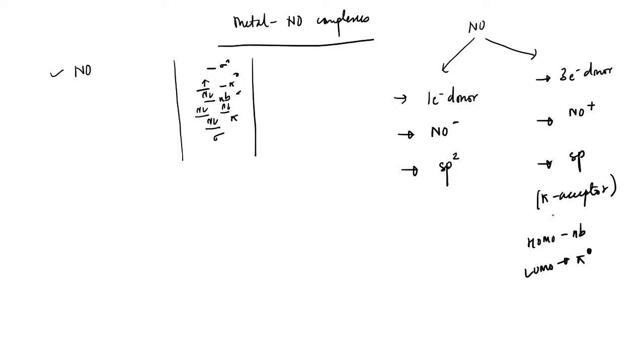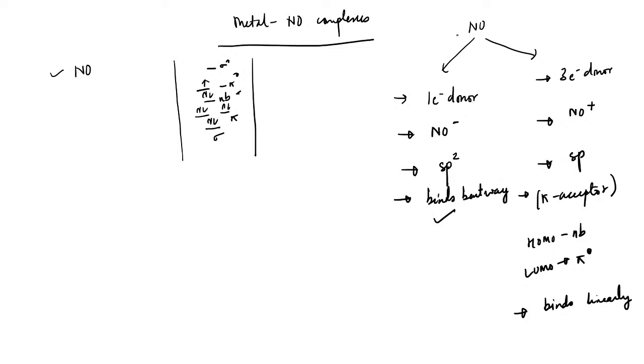Since NO positive is a pi acceptor, it generally binds linearly with complexes. When it is a one electron donor, it binds in a bent way. So this is the information for NO minus.